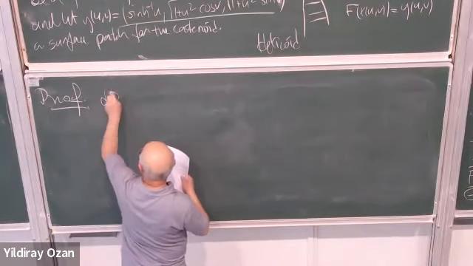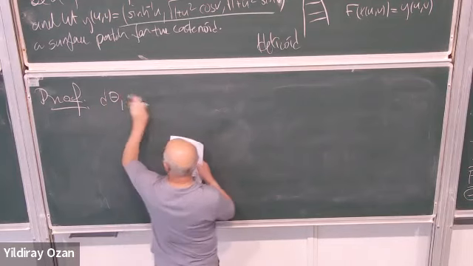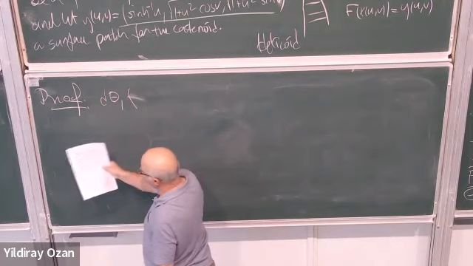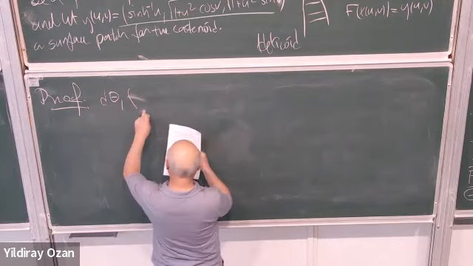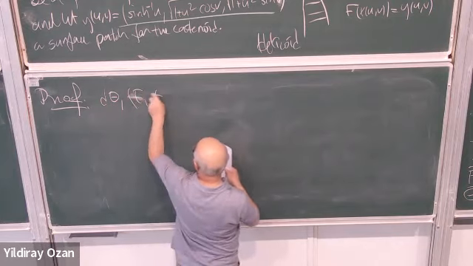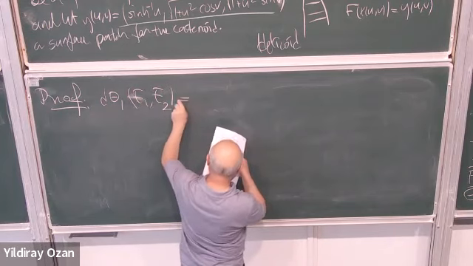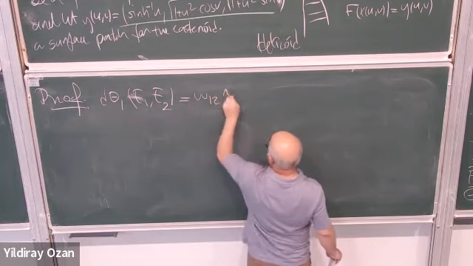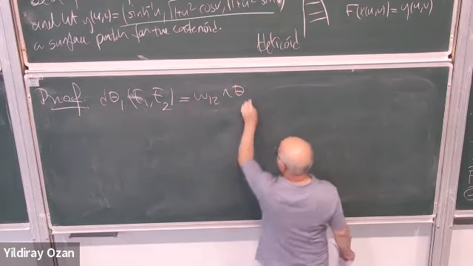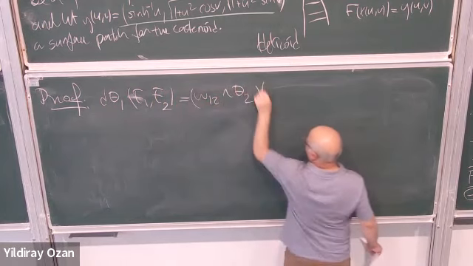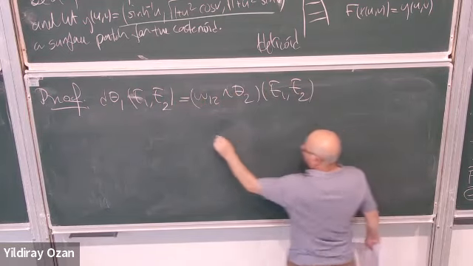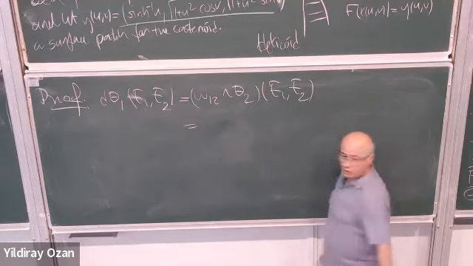Well, from the equation, we know that dθ1 is equal to W12 wedge θ2. So if I plug these two vectors in here, I get what? W12 wedge θ2 evaluated on the pair of vectors. Now, these are two one-forms.